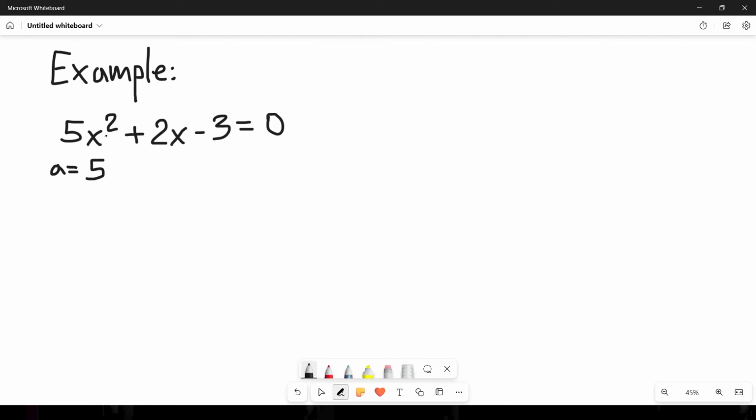A, which is the first coefficient, is 5. B is 2, and C is minus 3. We take them with the sign in front of the number. With the 3 we get the minus, with the 2 we get the plus, and when it is the first coefficient, if it doesn't have a minus in front, we assume it is plus.